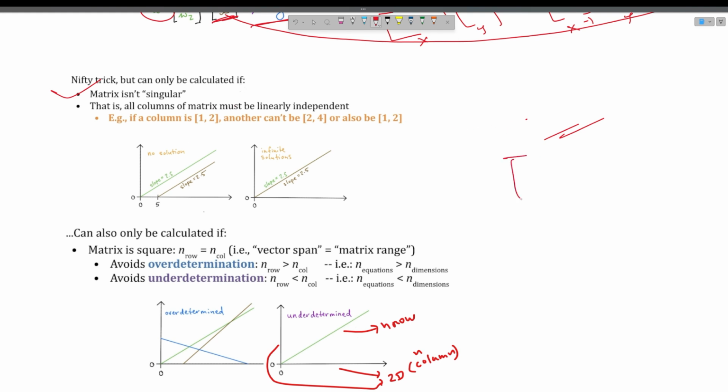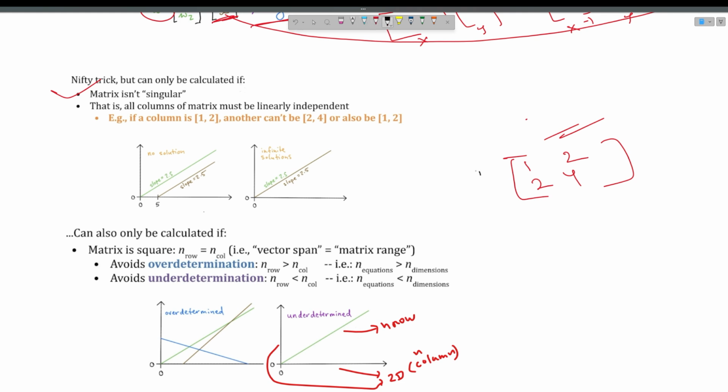It means, when can't we calculate the inversion? For example, if we have a matrix with the values 1 2 2 4, what's the issue? If we have 1 2 2 4, you can see what's happening here.